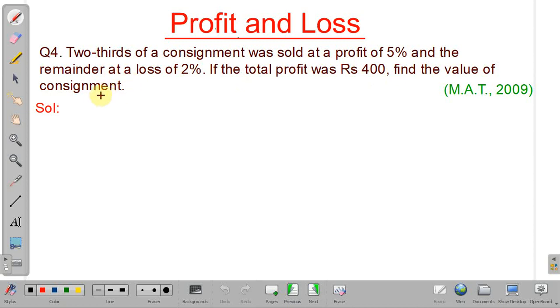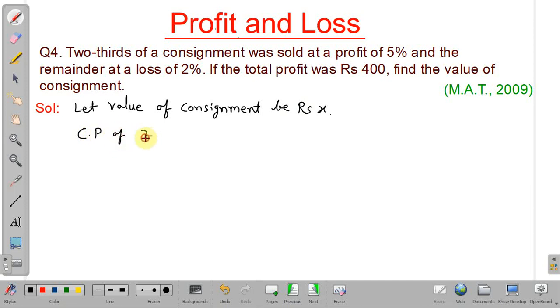See, we can assume the value of consignment. Let value of consignment be rupees X. Okay, so how much will be cost price?